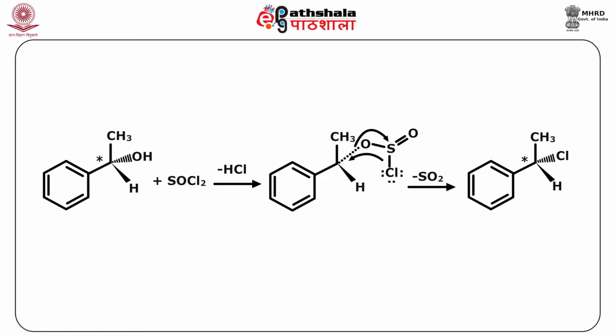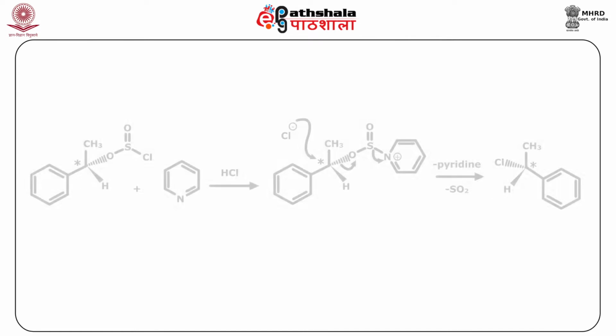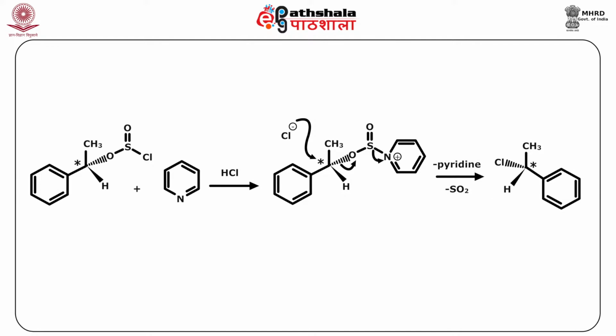In the second step, the part of the leaving group attacks the incipient carbocation from the same side. That is, the chloro group attacks from the same side, the front side from where the oxygen is leaving. In the presence of pyridine, the Walden inversion takes place according to the mechanism.